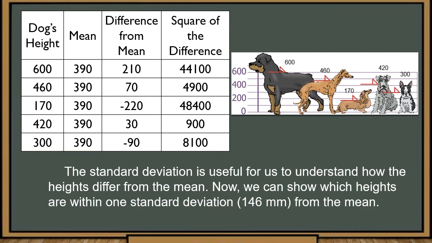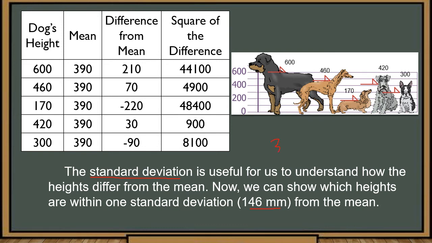The standard deviation is useful for us to understand how the heights differ from each other. Now we can show which heights are within one standard deviation, or 146 millimeters, from the mean. Meaning, standard deviation tells us the distance between the heights of the dogs and the mean.